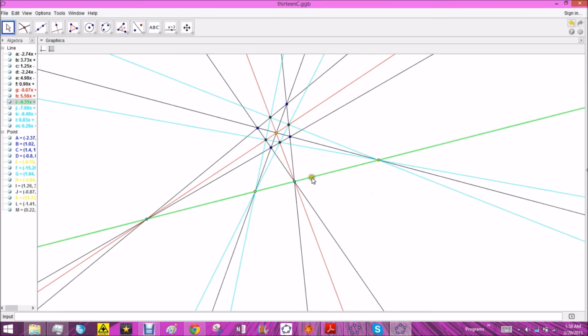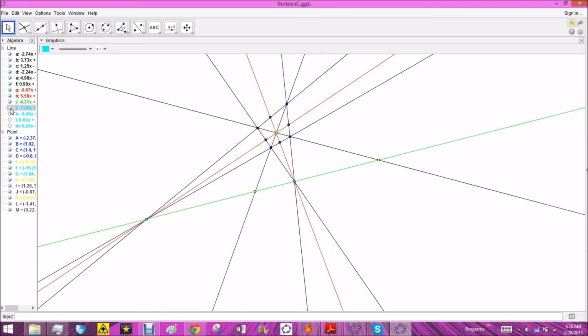How's best to show this? Perhaps initially, if I hide the blue lines, well, yes, I think that's good enough.